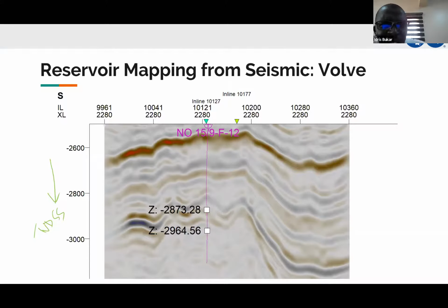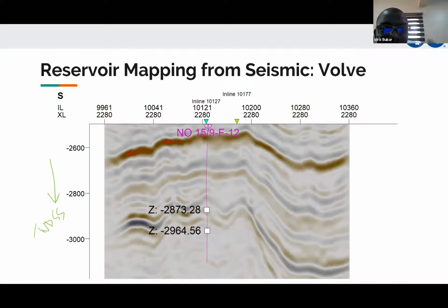Which is why we find these examples, even in the textbooks, they hold on to them and use them to show the expressions of these direct hydrocarbon indicators. But really, sometimes it's just an issue of your wells guiding you. Because when you don't have a direct hydrocarbon indicator, let's say you have, like in this particular field, so many horizons to map, right?